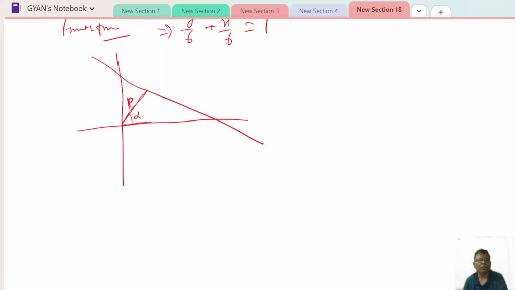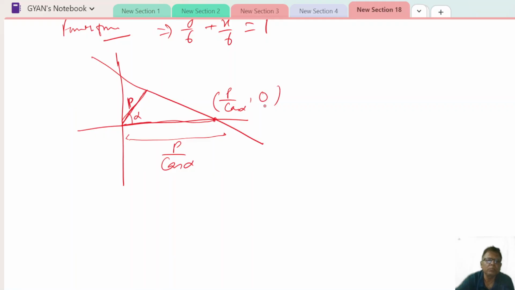So how are you going to do that? This is p, this is the hypotenuse, so this length will be p by cos alpha. So this coordinate will be (p by cos alpha, 0).